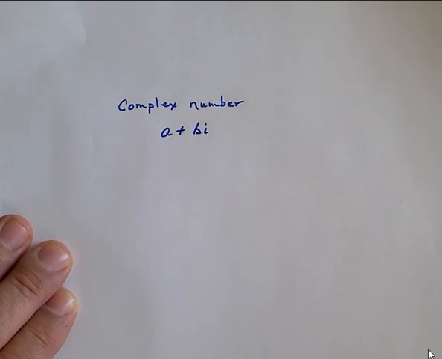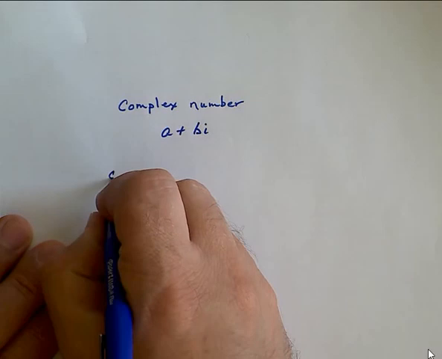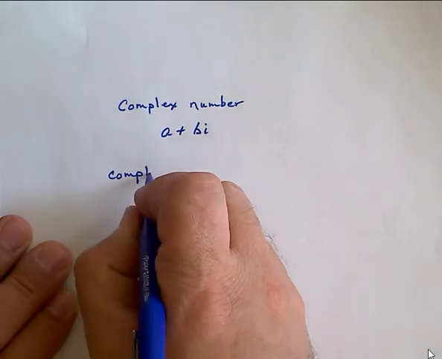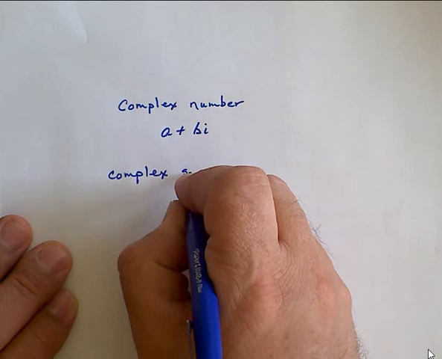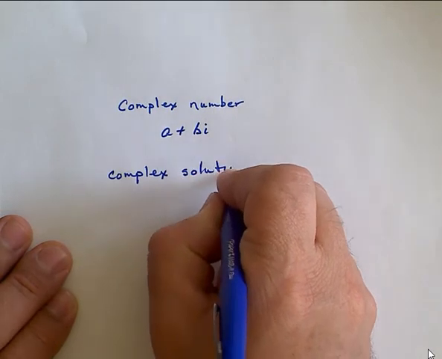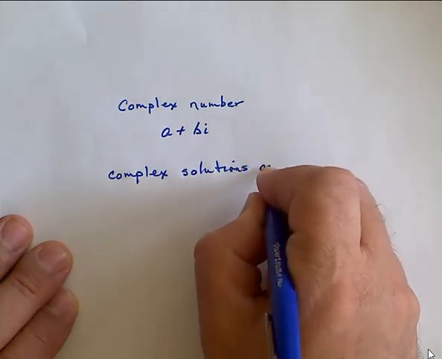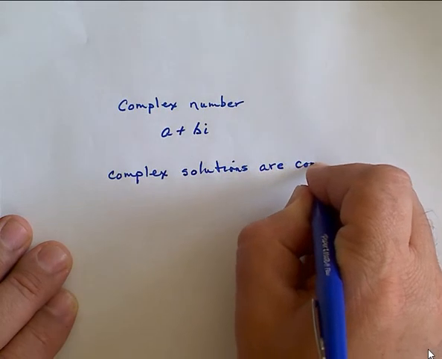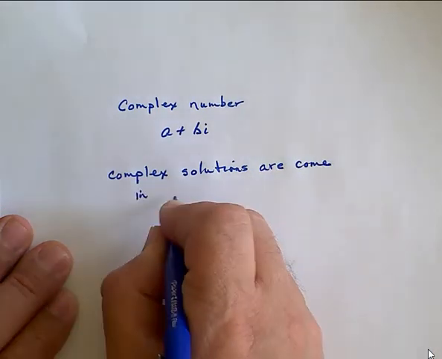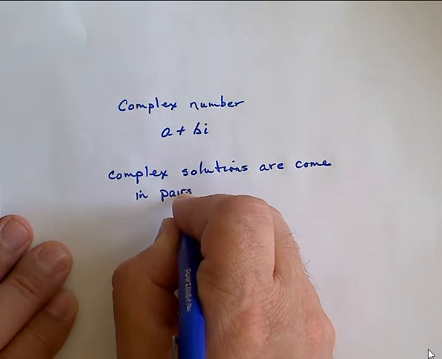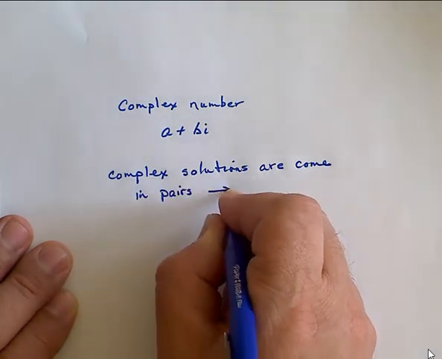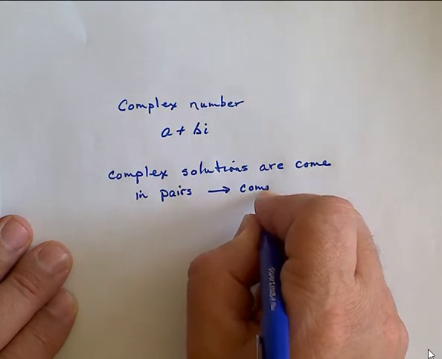The first thing, though, is that when you're looking at complex numbers as solutions to an equation, complex solutions always come in pairs, and the pairs have to be special in that they are called complex conjugates of each other.